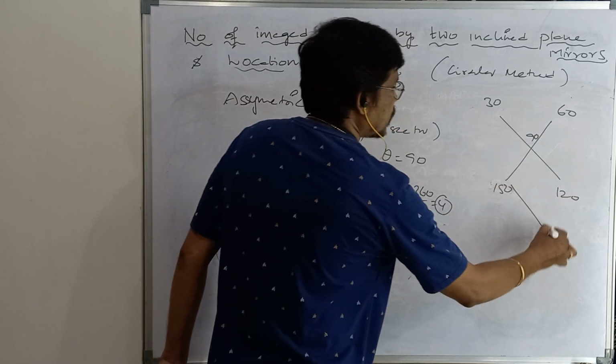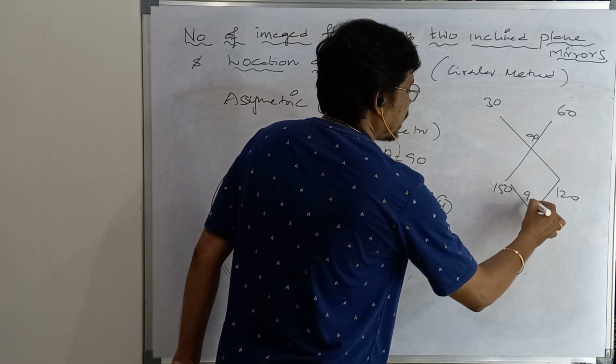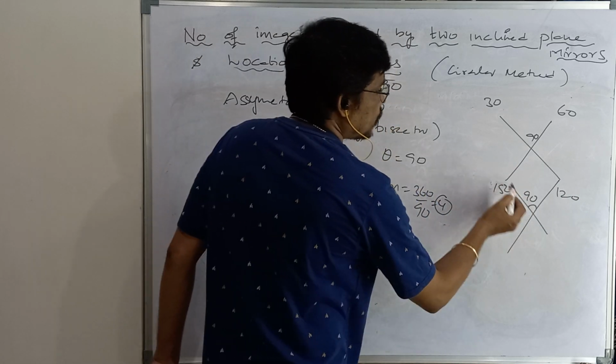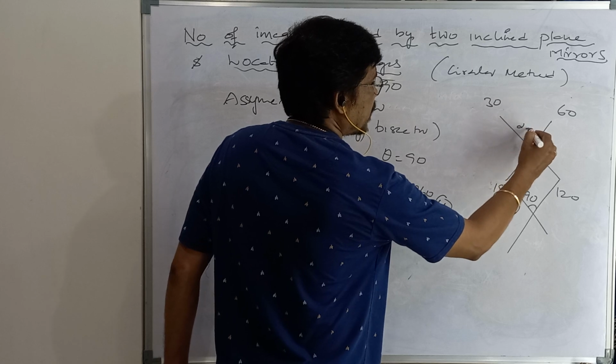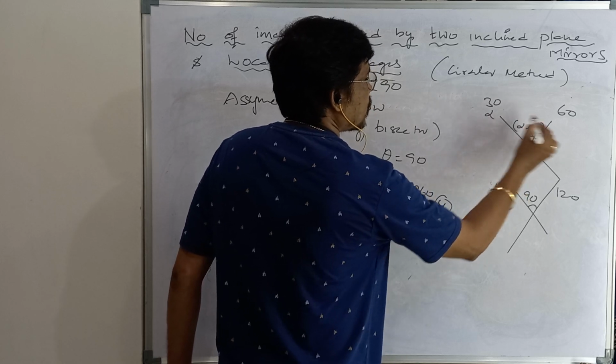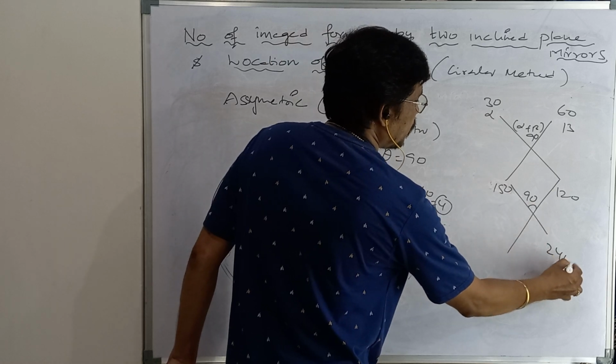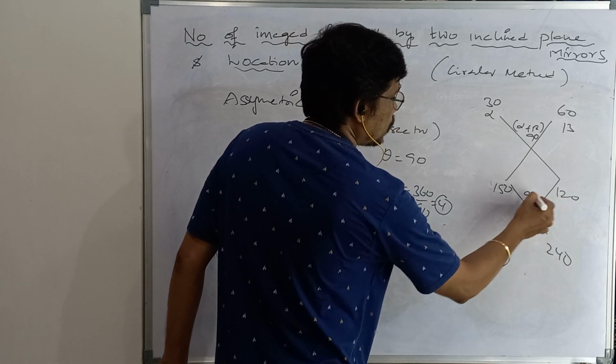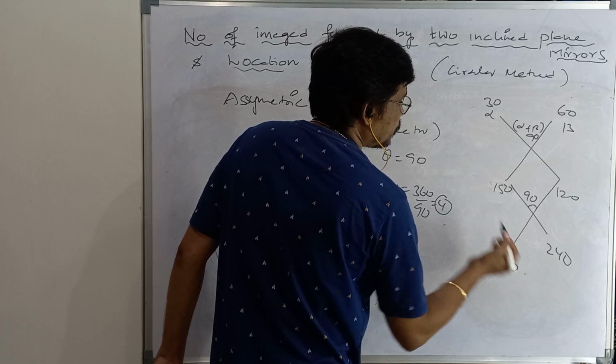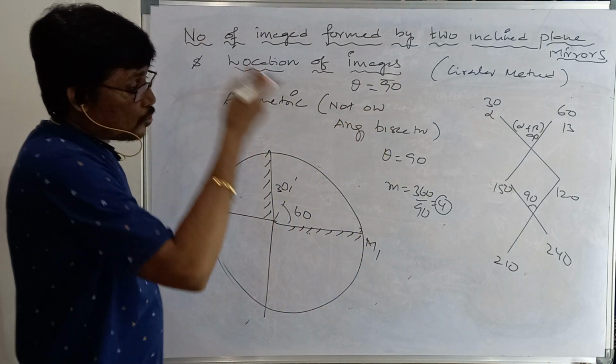Again you consider 90. This is alpha plus beta, where this is alpha and this is beta. So 90 plus this is 240, and this one is 210.